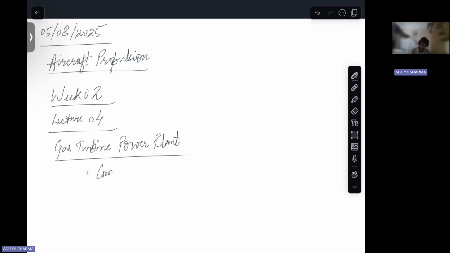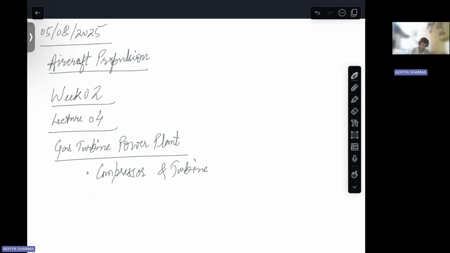So its essential components are compressor and turbine. In the compressor, we compress our working fluid, that is air in case of gas turbines, and then this goes to the combustion chamber, where combustion takes place with fuel, and the products of this combustion are expanded in the turbine. So we get the work output from this turbine.